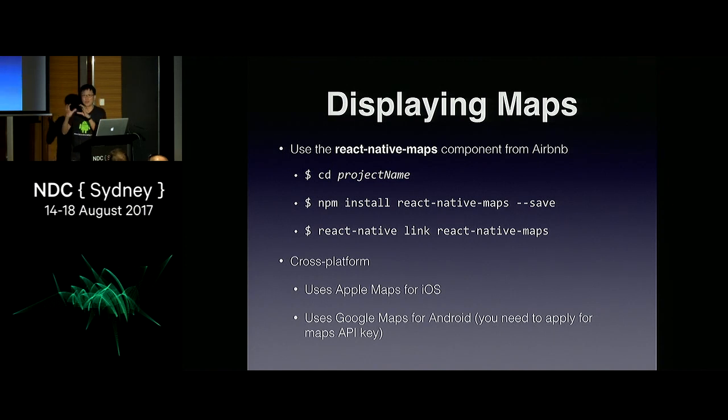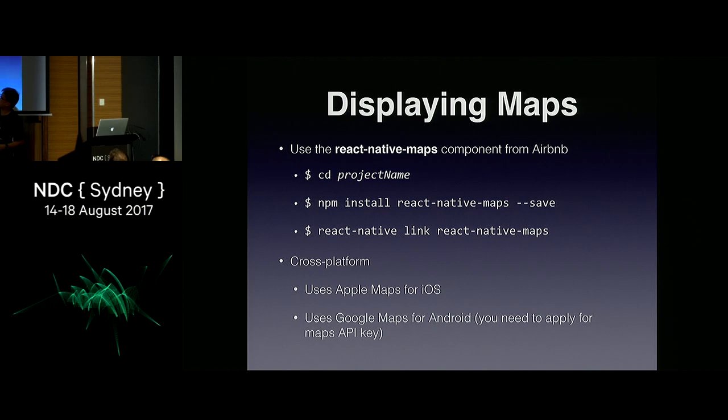So generally, this is how you actually use third-party components. This is the way to survive. So you are doing a React Native application, and then you want to do something. I can't find that functionality natively. So you go to Google, you search for a React Native component. So you encounter this React Native Maps. So the first thing you do is cd into your project folder.